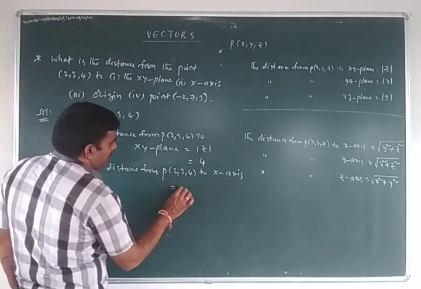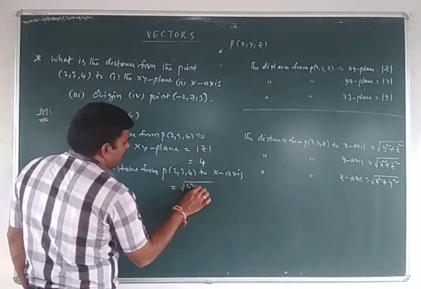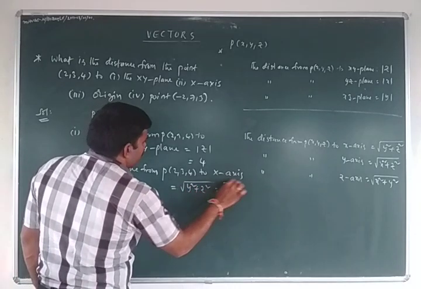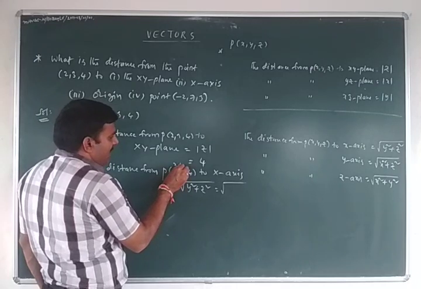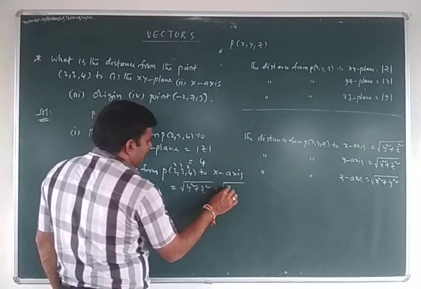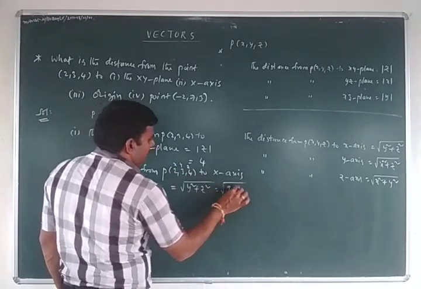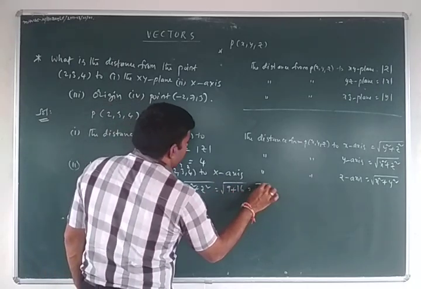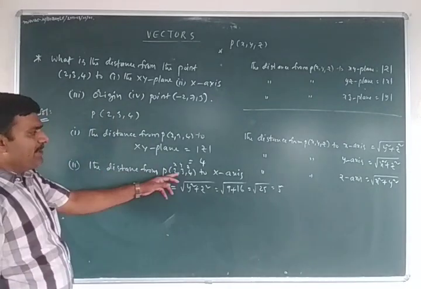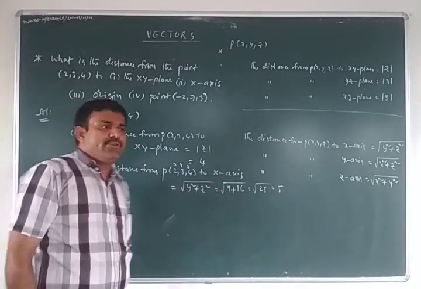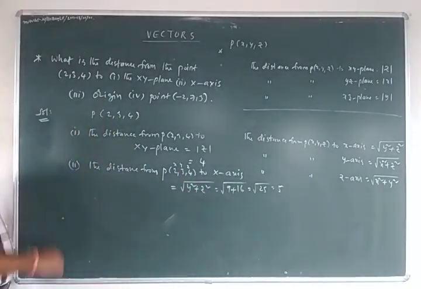So here we apply the square root of y square plus z square. This is equal to the square root of, the y value here, this is x, y, z, y square means 9, plus z square is 16, equal to the square root of 25, equal to 5. Therefore the distance from the point to the x-axis is 5 units. That is the second bit.